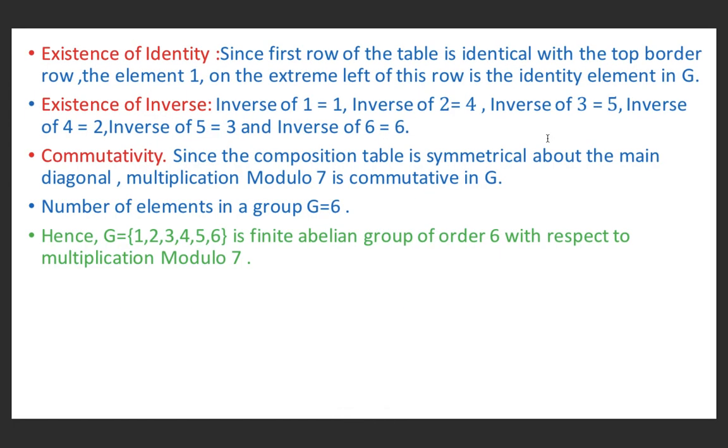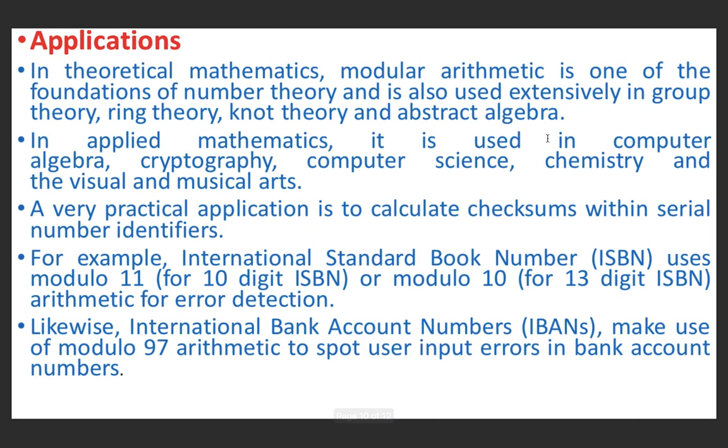Since the composition table is symmetrical about the main diagonal, multiplication modulo 7 is commutative in G. Also, the number of elements in the group G is equal to 6. Hence, the given set G is a finite abelian group of order 6 with respect to multiplication modulo 7.